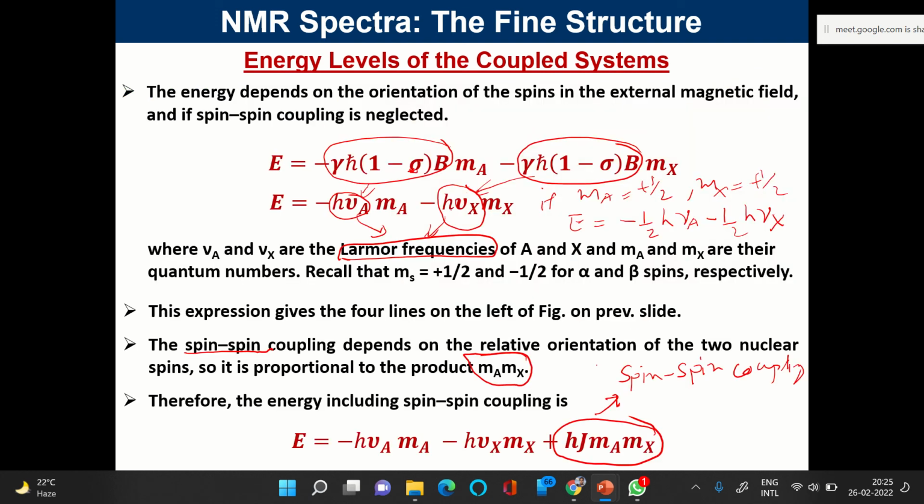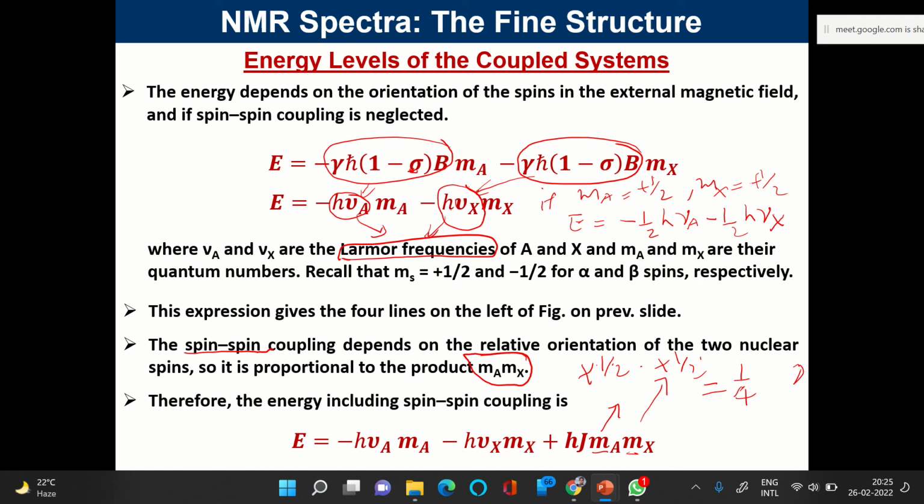You can just go on substituting MX values of plus half. Think of the situation where MA is plus half and this is also plus half. Then this multiplication term will be 1/4, and that will be added up.